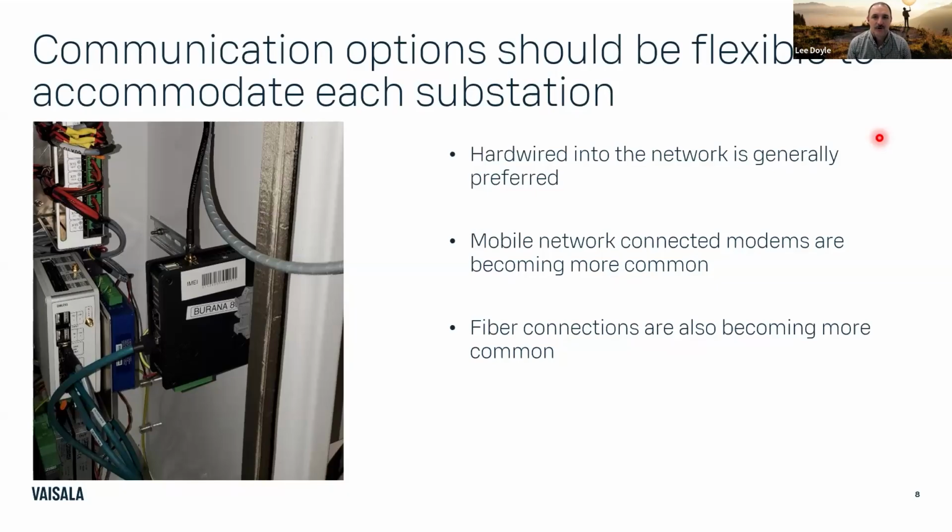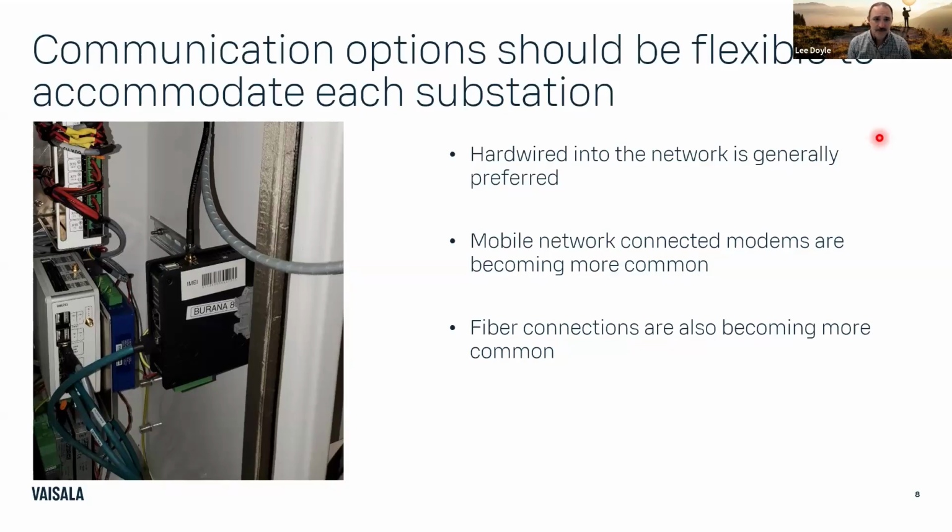And so you need to really take into consideration, as Senya has laid out already, what do you have for hardwired networks? Is it copper? Is it fiber? What's available to you? Do you want to use some sort of mobile network? I know that some utilities are getting a bit more sophisticated in this. They even have their own mobile networks, so rather than laying physical communication lines, they're just putting in modems.